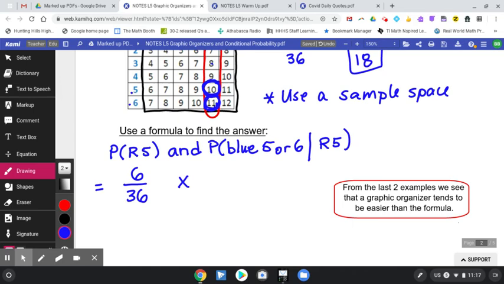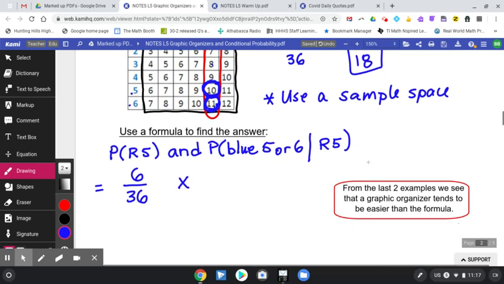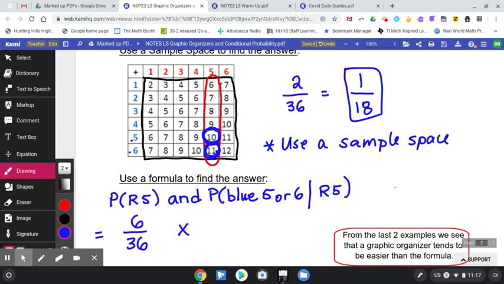Now, and means multiply. And then here's the tricky one. A blue 5 or 6 after a red 5 has been rolled. So what we're looking at now is just the ones that were originally circled here. So out of these 6 rolls, how many of them have a blue 5 or a blue 6?